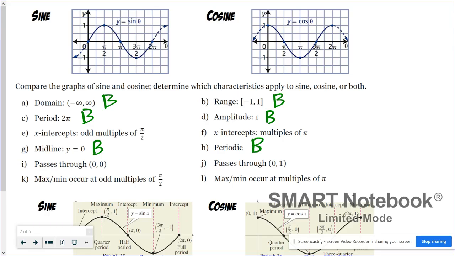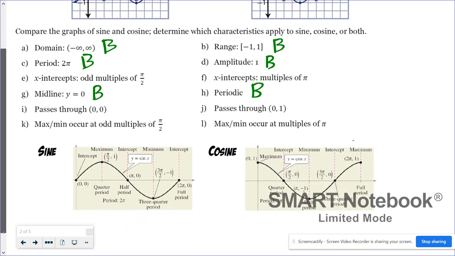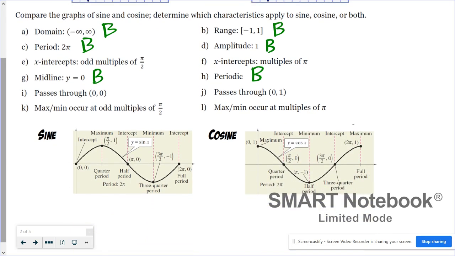When it comes to the x-intercepts, the graphs on the next page in your notes show these a little bit better. For sine, they have x-intercepts of 0, pi, and 2 pi. And cosine has x-intercepts of pi over 2 and 3 pi over 2.